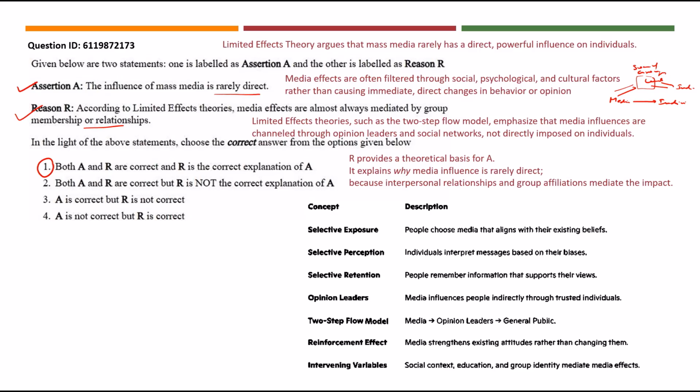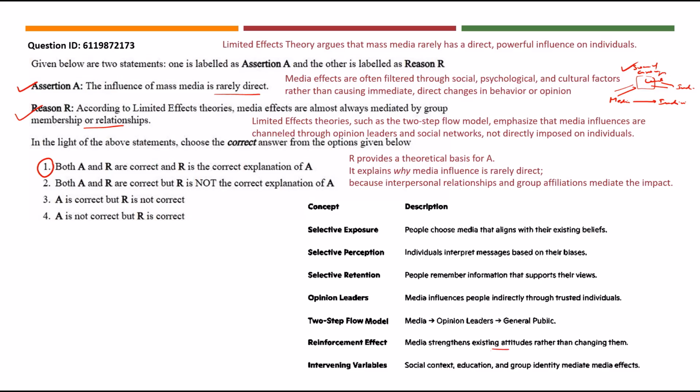Similarly, opinion leaders: media influences people indirectly through trusted individuals. Then we have the two-step flow model: media, opinion leaders and general public. This is what I told here. Reinforcement effect means media strengthens existing attitudes rather than changing them.